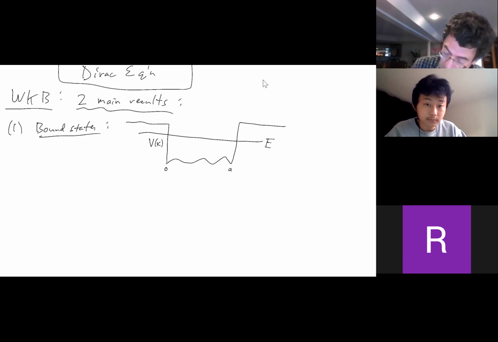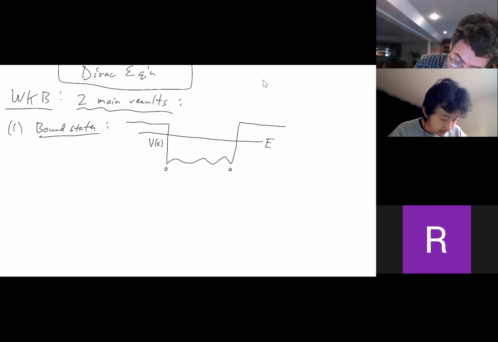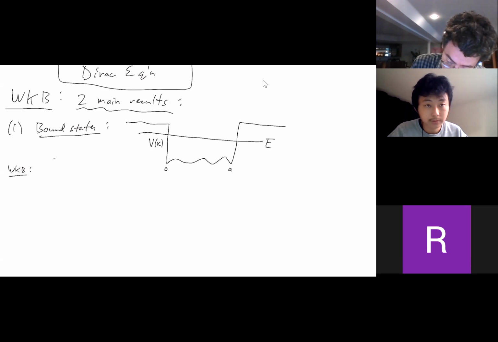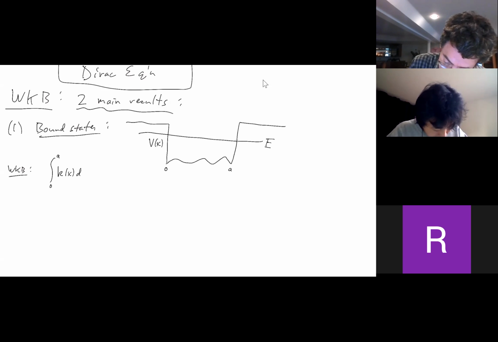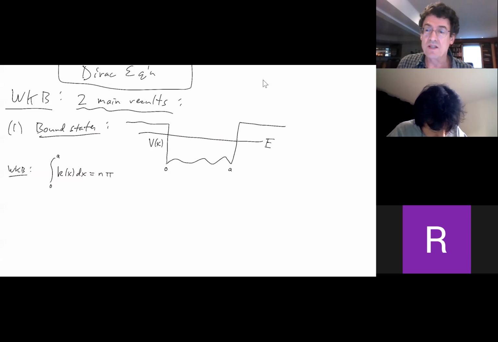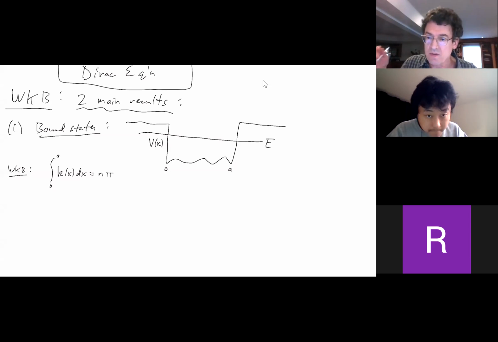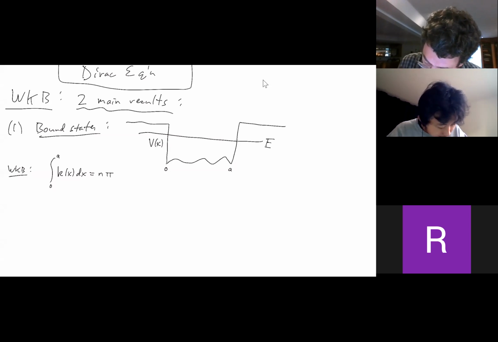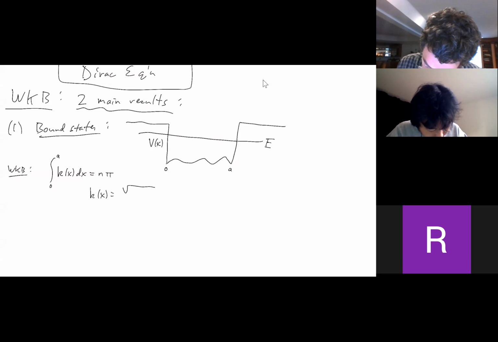Then what we found is that WKB tells us that the integral from 0 to a of this function k of x dx is quantized. So basically the number of waves that we can fit into the well is quantized, where k of x is defined as the square root of 2m(E minus V of x) over h bar.